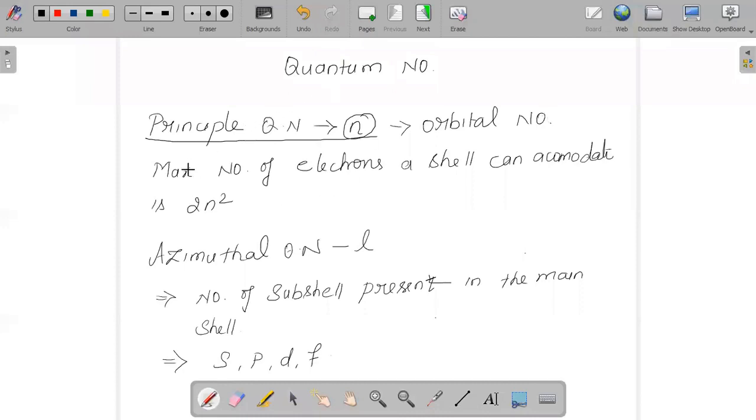Hence, if I am given the value of n, say 2, 3, 4, how could I calculate the maximum number of electrons in a shell?